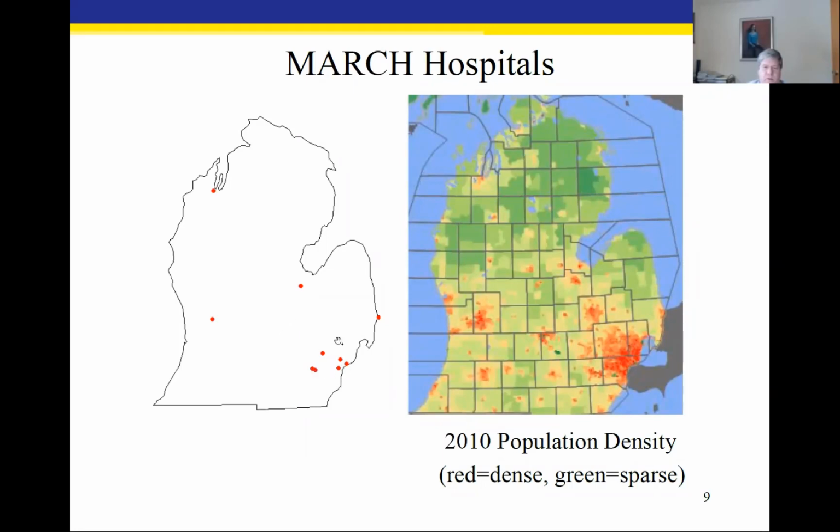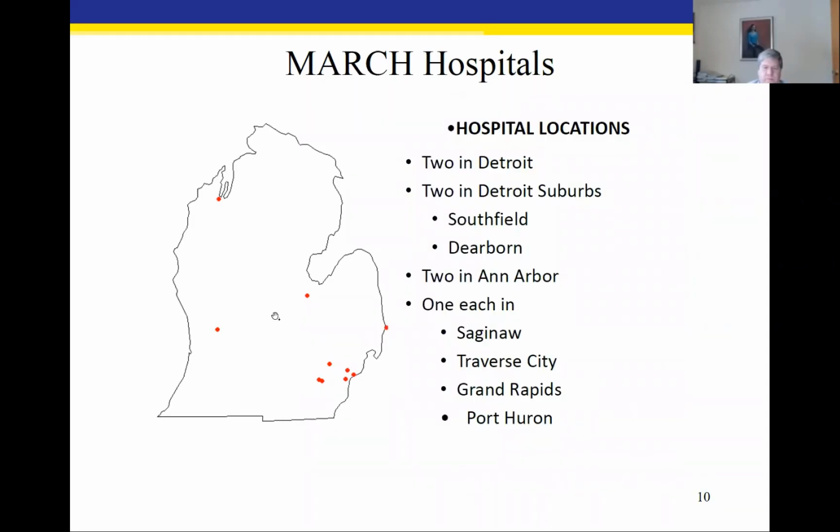They're not all in the city. We have 2 more rural hospitals, one up in Traverse City, one in Port Huron, which is the one we're still trying to get started in, as well as 2 in the city of Detroit, 2 in the Detroit suburbs, Ann Arbor, and these other towns as well. That includes a hospital in Grand Rapids, which is the largest hospital in terms of births in the entire state.